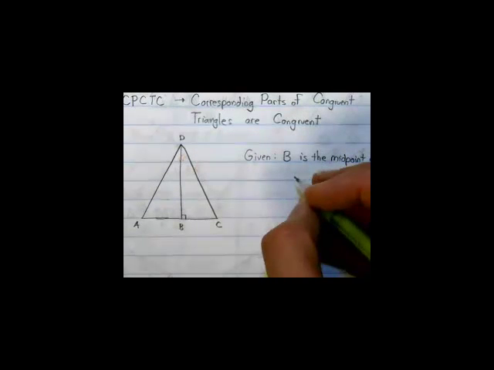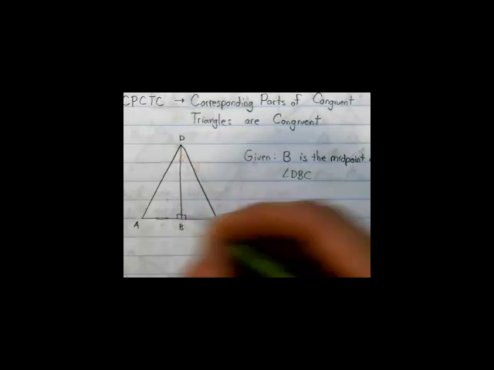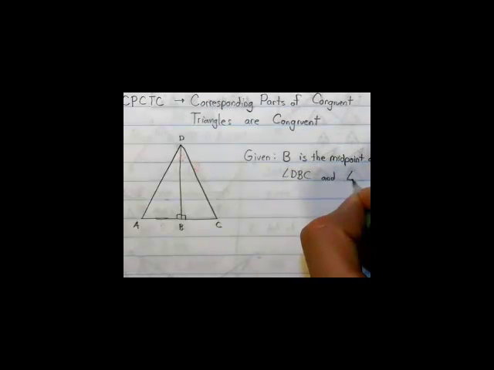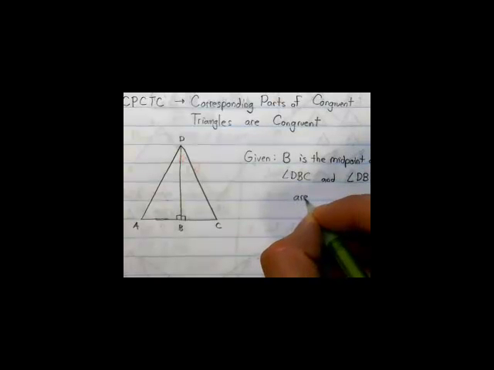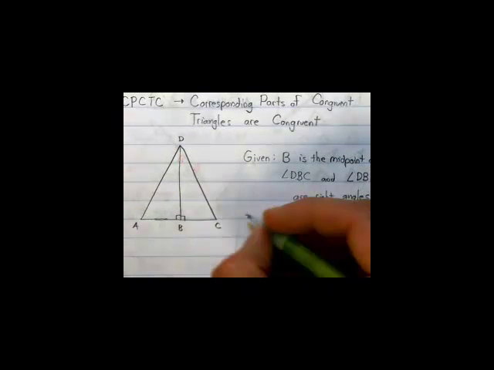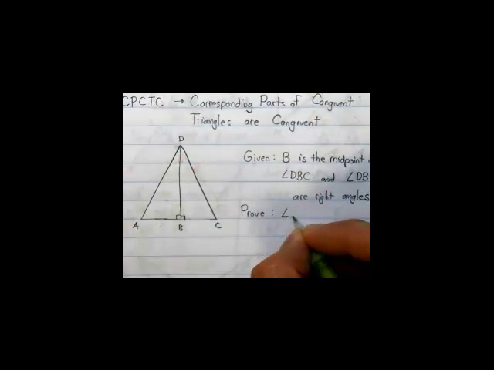And also, I'll make it easy, angle DBC and angle DBA are right angles. And I want to prove angle A is congruent to angle C.